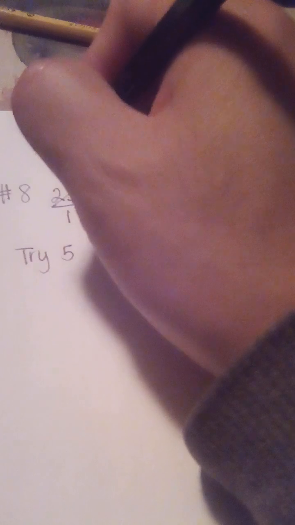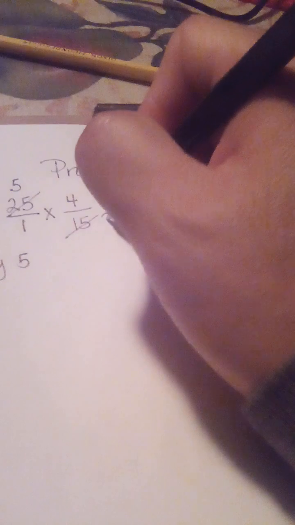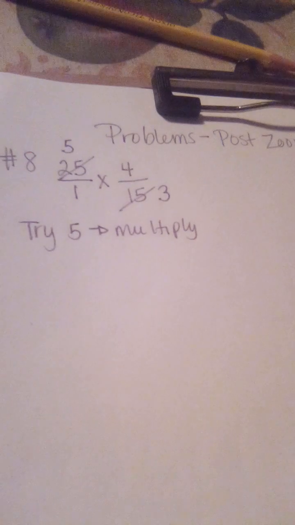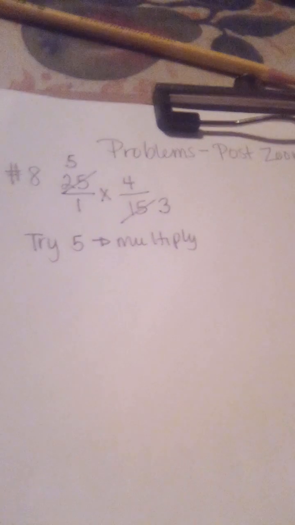Let's try 5. 25 divided by 5 gives us 5. 15 divided by 5 is 3. Any more numbers? Now there are none, so let's clean it up a bit.